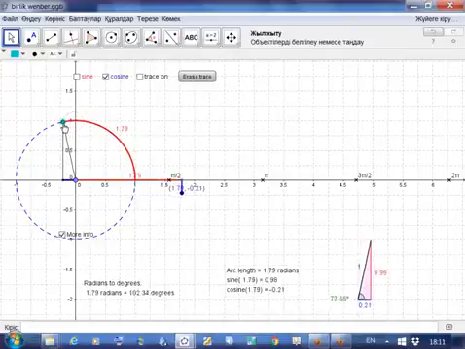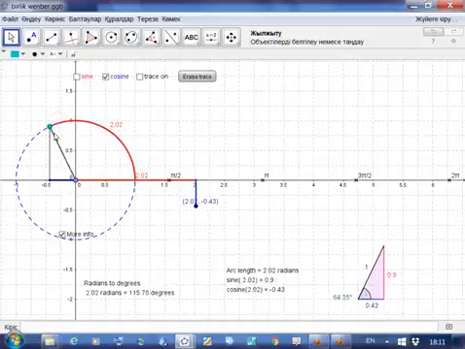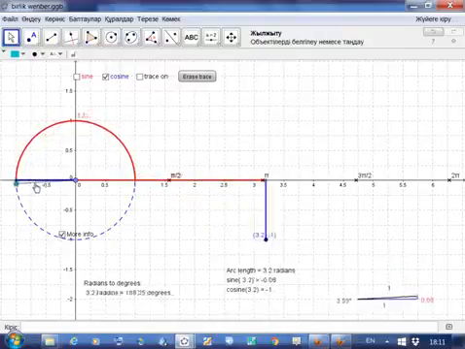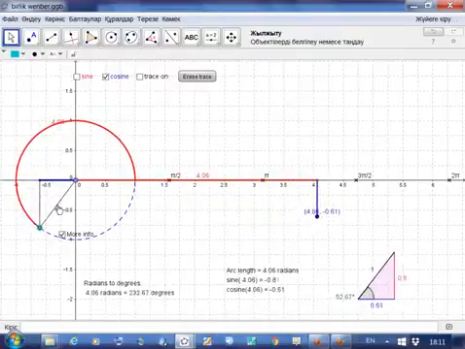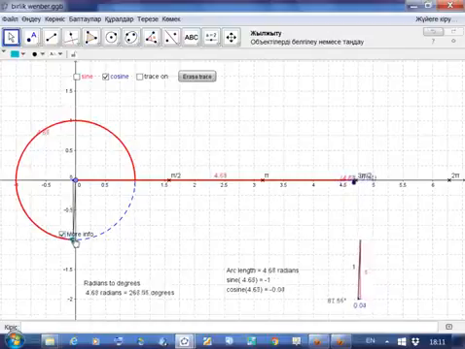When the angle is bigger than 90 degrees, the value of the cosine is negative, because it's increasing in the negative, opposite direction. The value of the cosine is negative between 90 degrees and 270 degrees, between pi over 2 and 3 pi over 2.